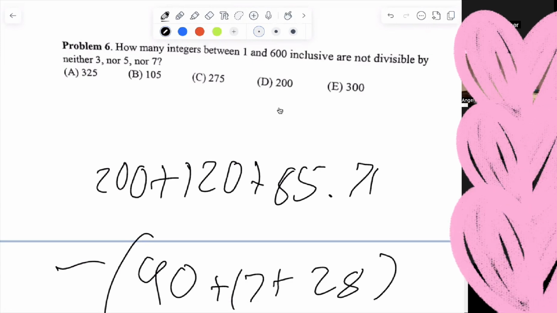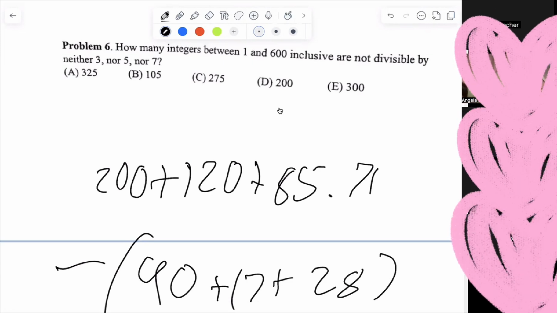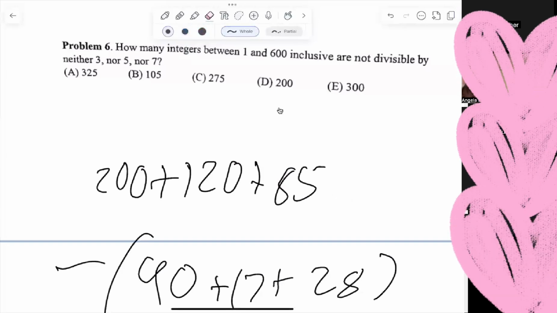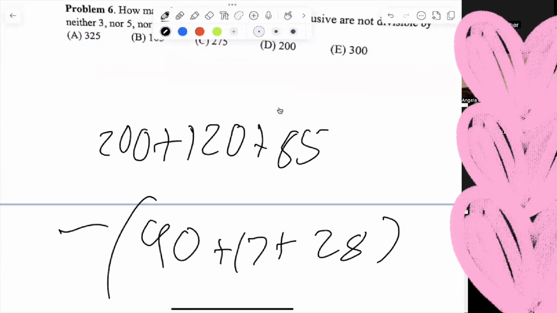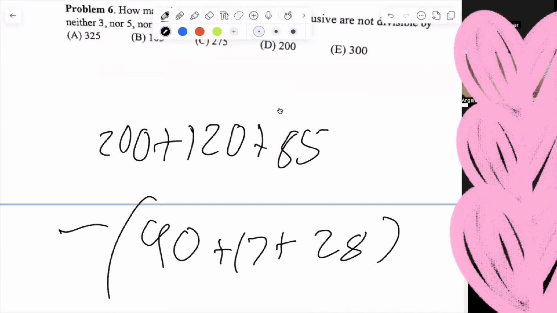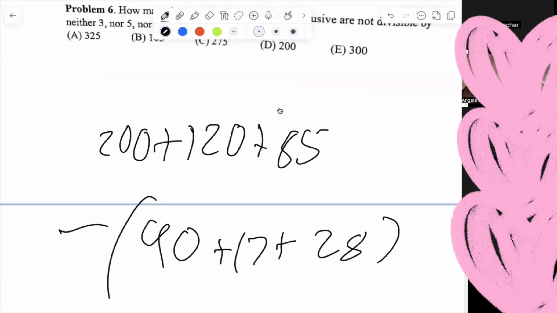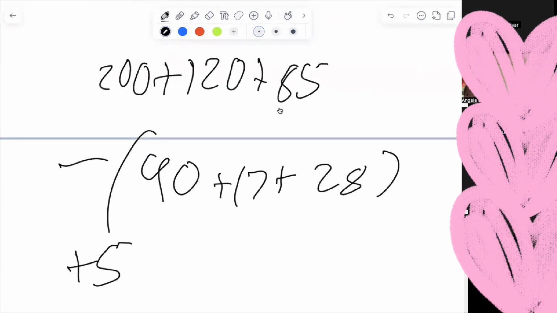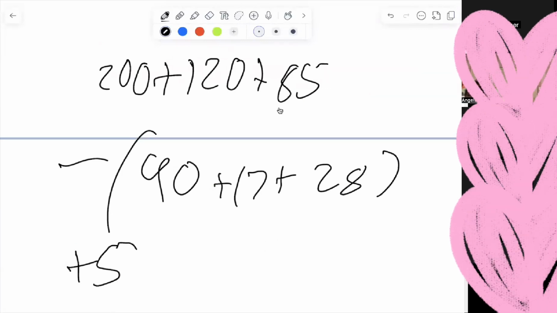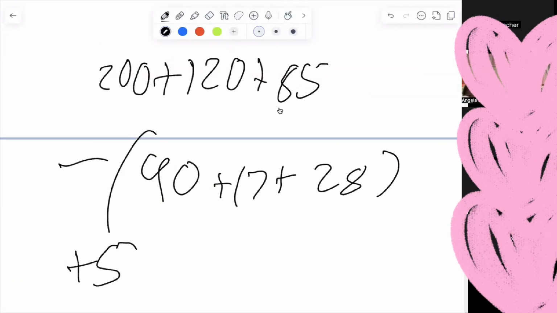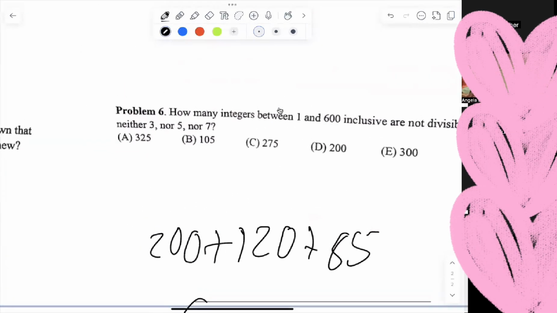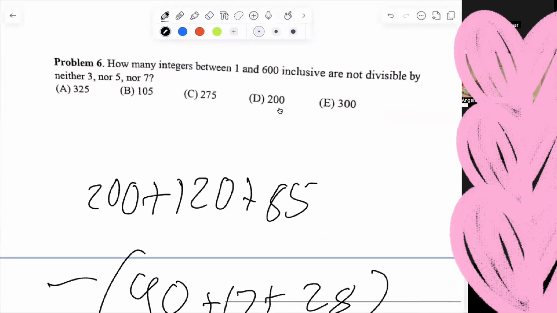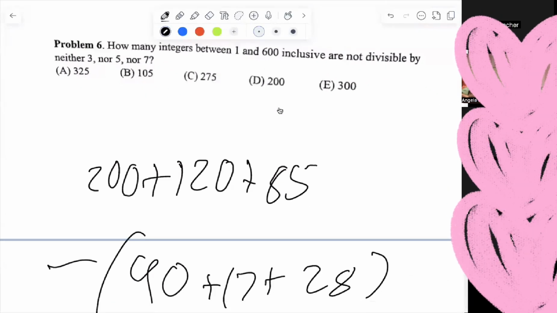So all we have to do is subtract, starting with 200 plus 120, and then we add back the triple intersection. How many are divisible by 3, 5, and 7? This just gives us 105. So you want to find how many are divisible by 105 in the range of 1 to 600. It gives you 5. We just add 5 in. So that's basically 200 plus 120 plus 85 minus, I hope I didn't calculate anything wrong here, 3 times 5, which is 15, which gives you 40.